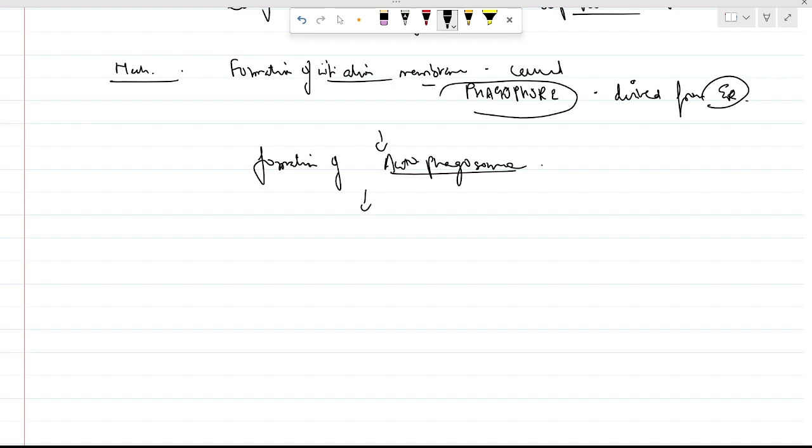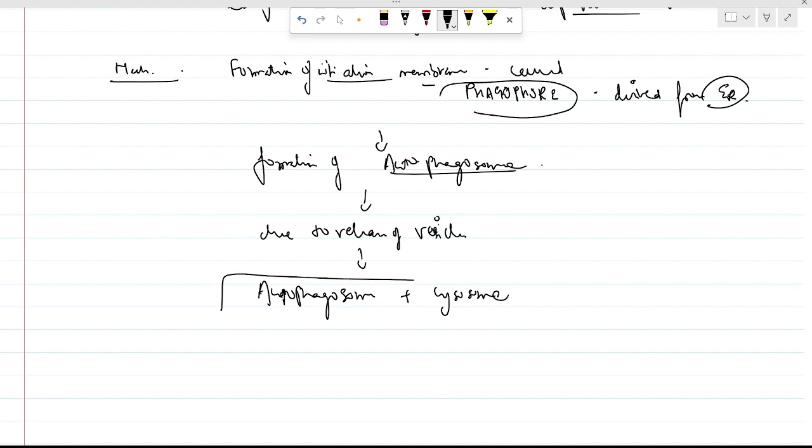Okay, and due to release of vesicles, there are digestive vesicles, they get released, which leads to combination of autophagosome along with lysosome. Very important step here.